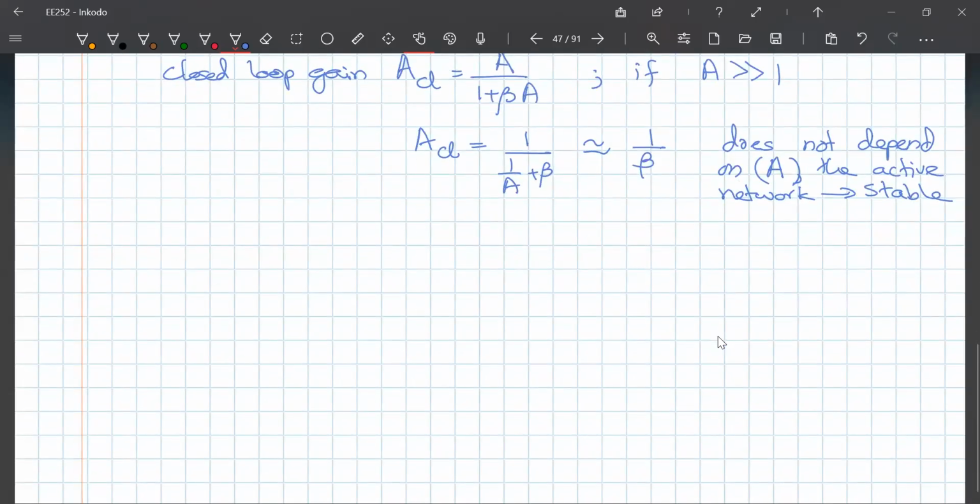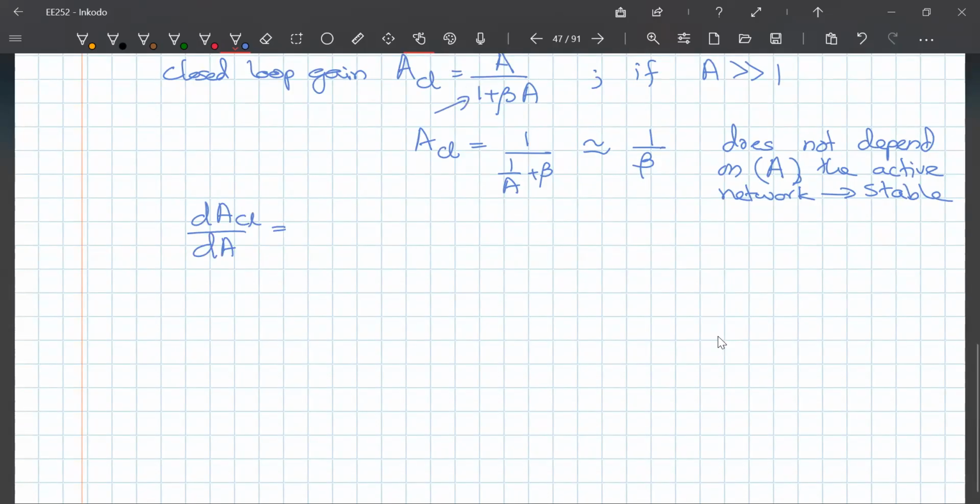Now if you want to mathematically analyze this, we can take the derivative with respect to A, dACL over dA. So this is what you need to derive.